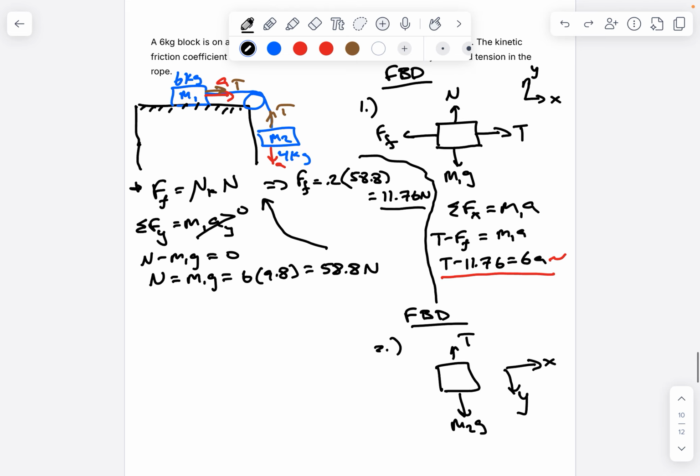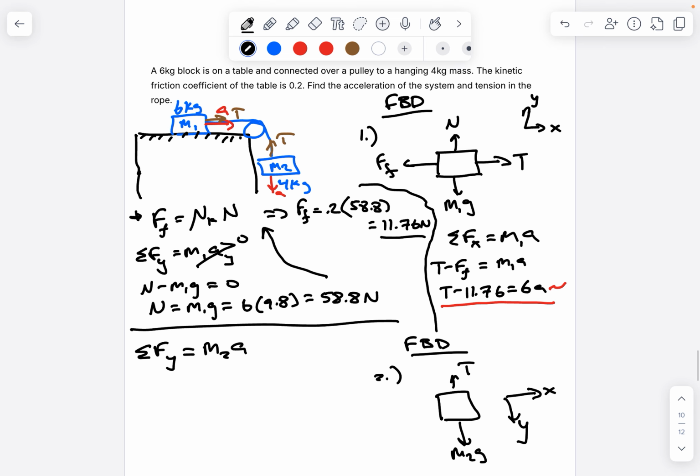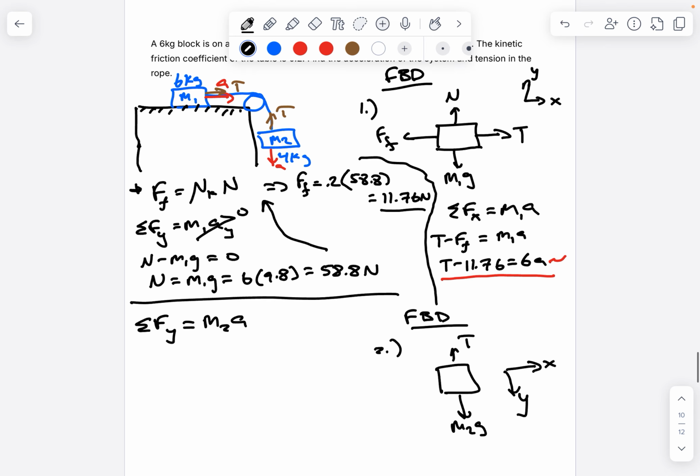All right, now to Newton's second law. The sum of forces in the y direction is equal to m2a. We know it's accelerating because it's moving. Our forces are m2g, positive because down is positive, minus T, is equal to m2a.